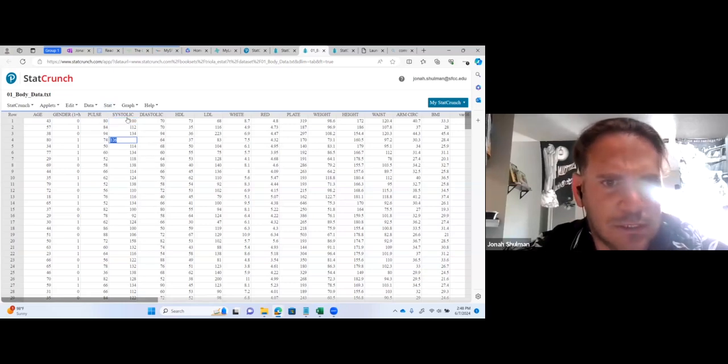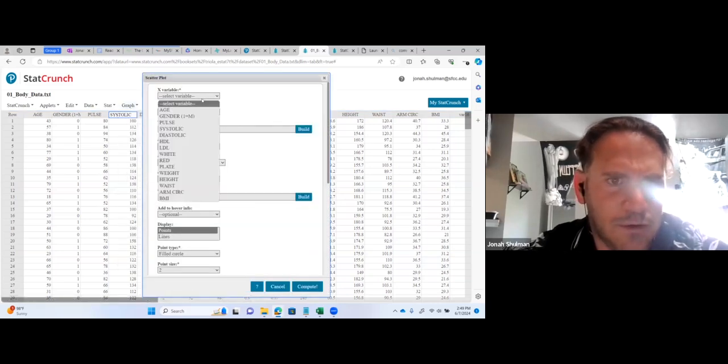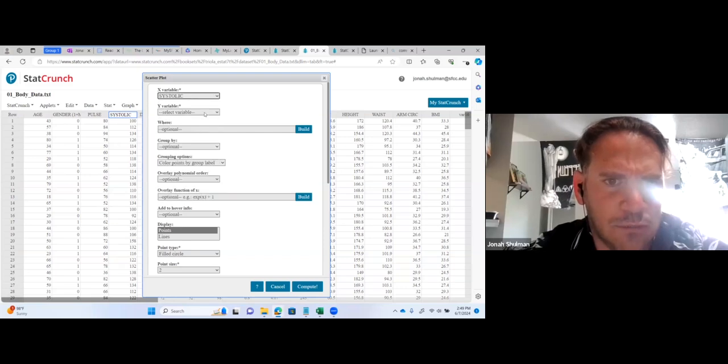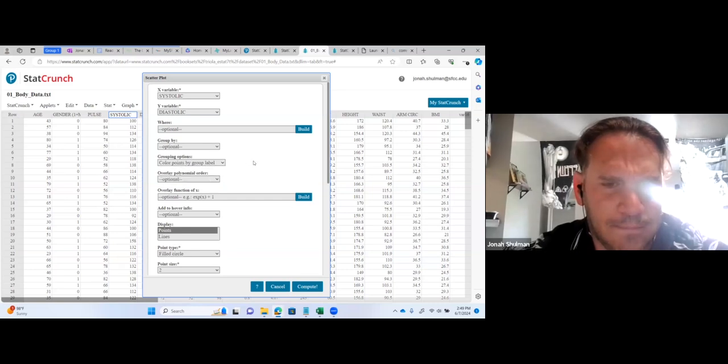Okay, we'll see if the systolic and diastolic blood pressures are the same. So let's go to scatter plots. We'll make our X value systolic. We're going to make our Y value diastolic. Group by, that's fine. That's okay.